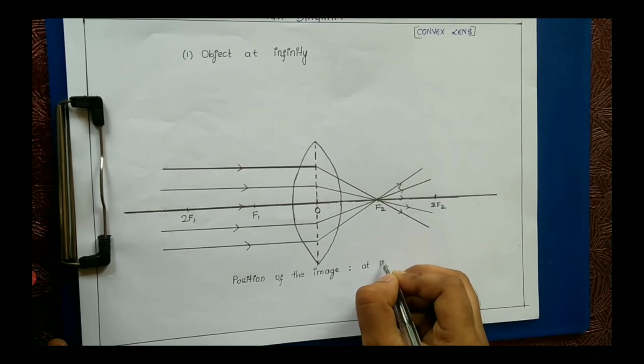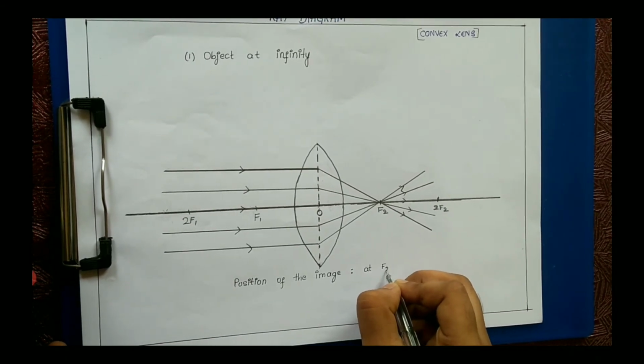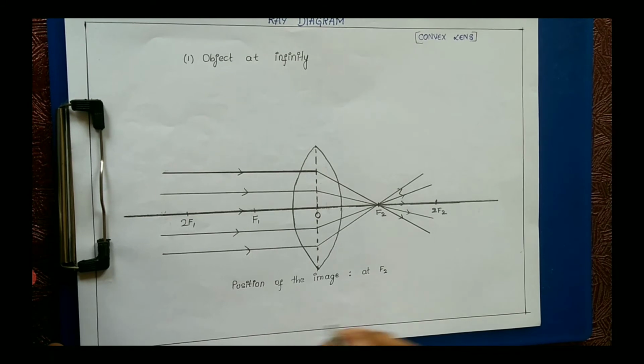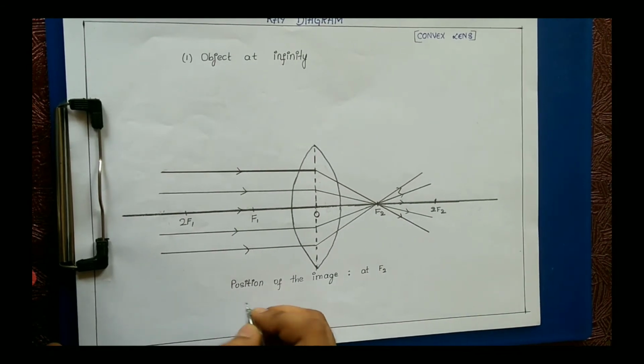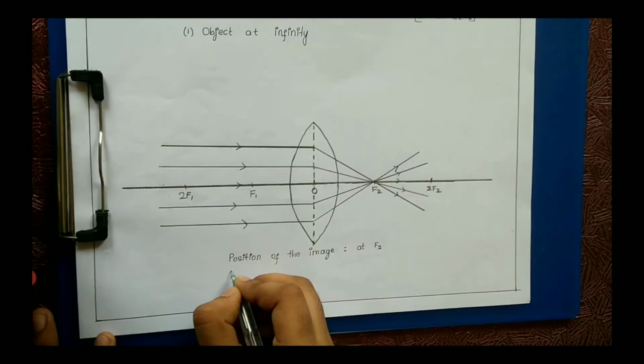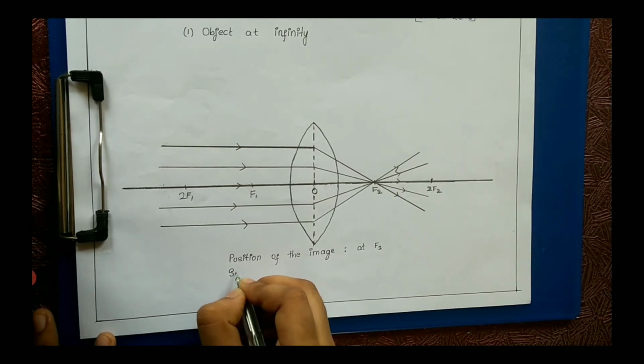F2 means that is at the principal focus. You know that the lens has two principal focus points, so you will get the image at the principal focus, that is at F2.